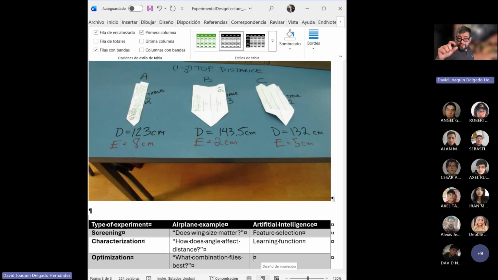Here I am tuning the airplane. So I already know that the wing size and the angle matter in order to get the longer distance, right? So I have to choose this combination in order to design an optimal airplane. Okay, so this is the parameter tuning.